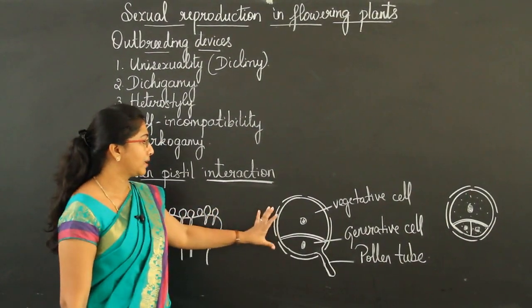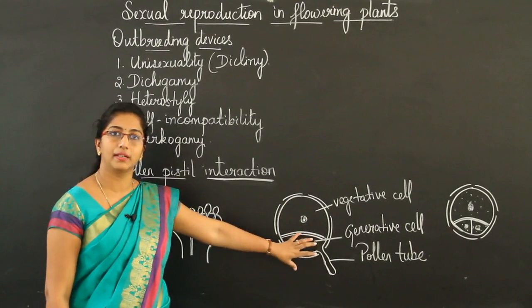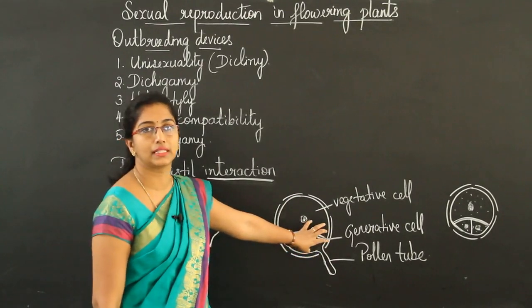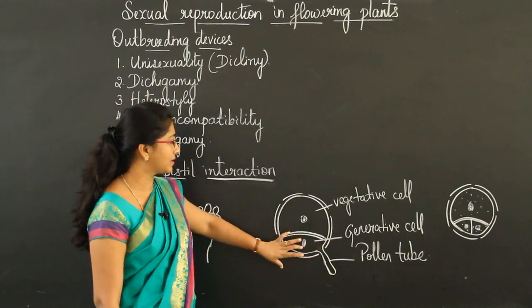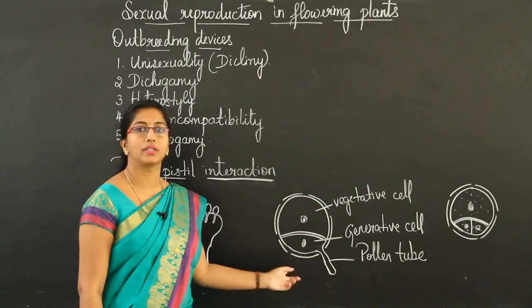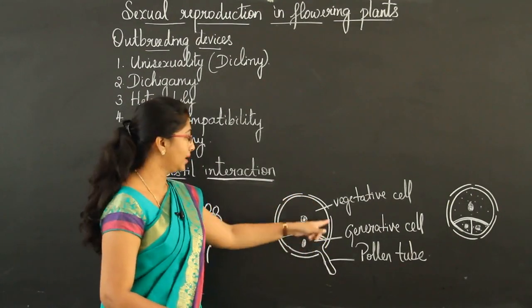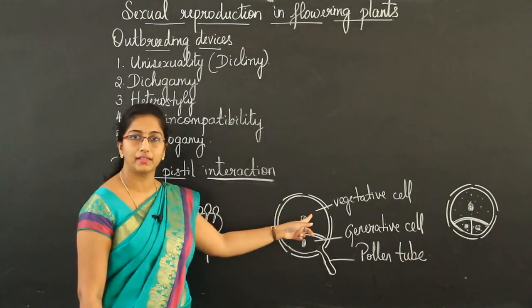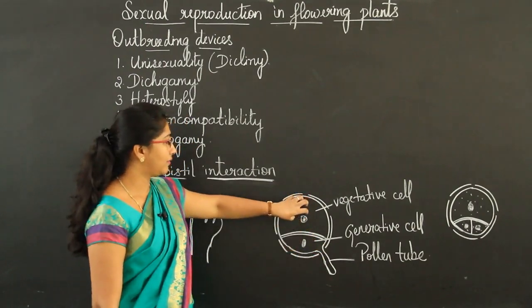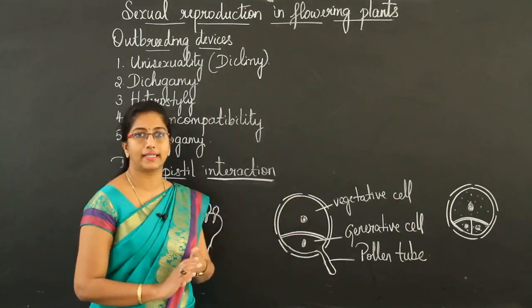Let's see. This is the structure of a typical pollen grain. I have taught you this in the previous sessions. It has an outer exine, next to that another layer, the intine, a vegetative cell and a generative cell.